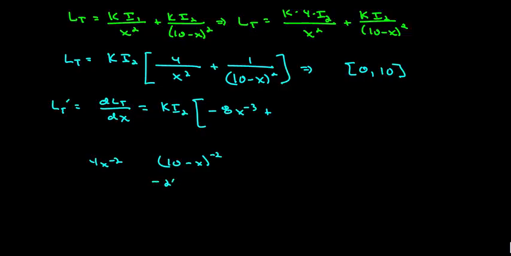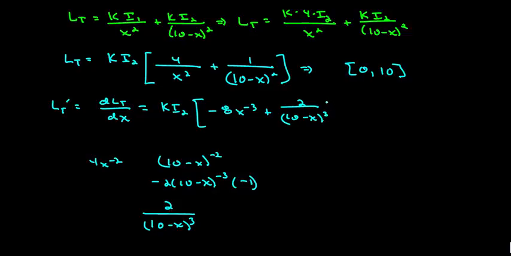So that'll be negative 2 times 10 minus x to the negative 3, times negative 1, the derivative of the inside. So this will just be 2 over 10 minus x to the third power. So let's go ahead and put that up here. That's 2 over 10 minus x to the third power.